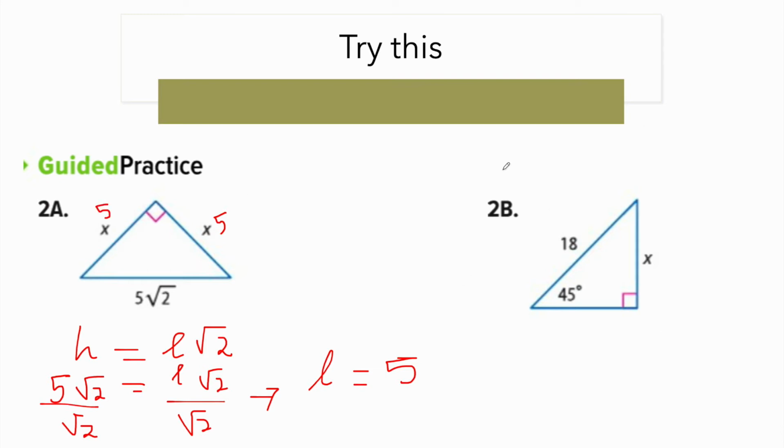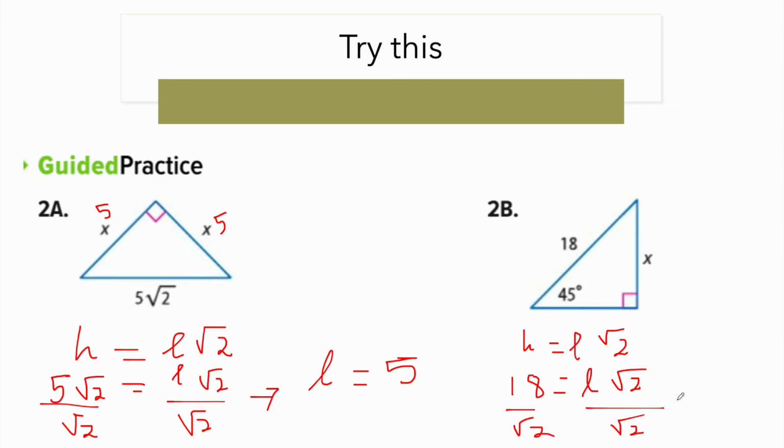Now let's come to this one. This time we are given the hypotenuse again. So h equals length root 2. Our hypotenuse is 18. We want the length, which is our x. Now we will divide by root 2 on both sides.